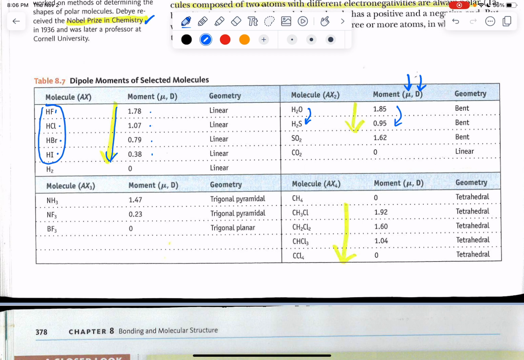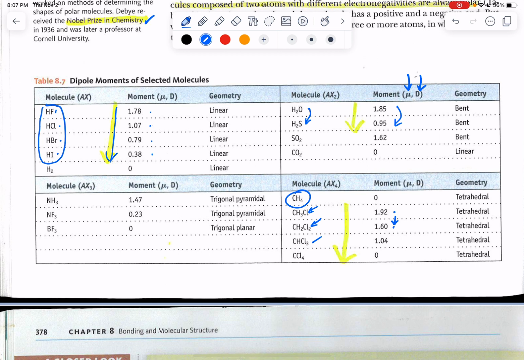Finally, if we look at these organic compounds, methane, CH4, would have a dipole moment of 0 because it's perfectly symmetrical. It's nonpolar. We can make it very polar by adding one chlorine. When we add a second chlorine, it partially cancels out the polarity of the previous one, and my number of debyes goes down from 1.92 to 1.60.